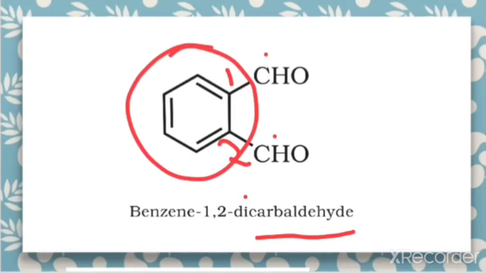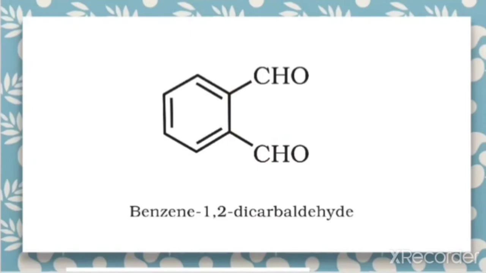This is a benzene ring, and one aldehyde group is attached on the 1st carbon and the other one is on the 2nd carbon. Therefore it is named as benzene 1,2-dicarbaldehyde. So it is important for a cyclic compound, we have to represent the aldehyde as carbaldehyde. When the aldehyde group is attached directly to the cyclic part, then only we'll be using the word carbaldehyde.